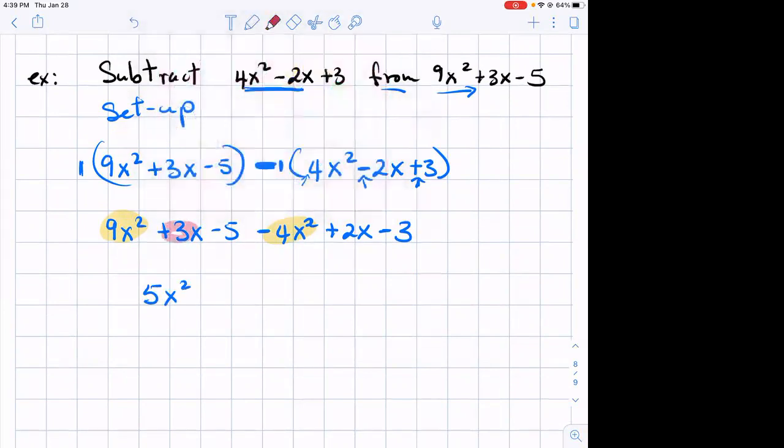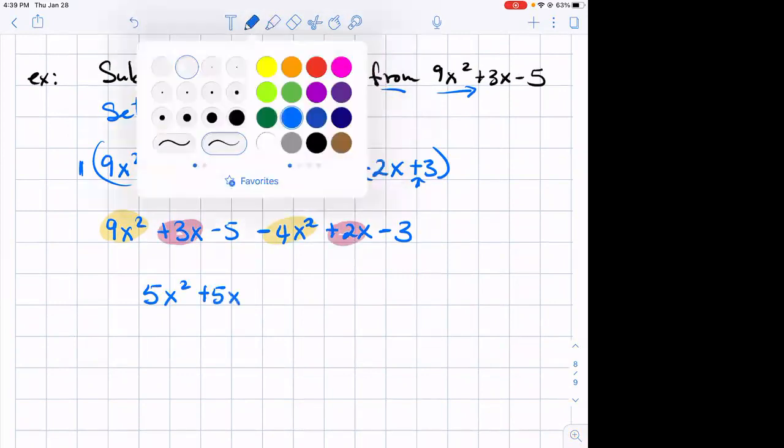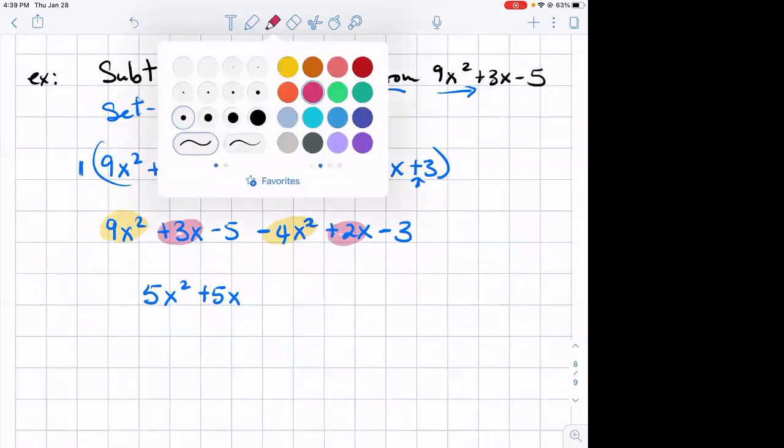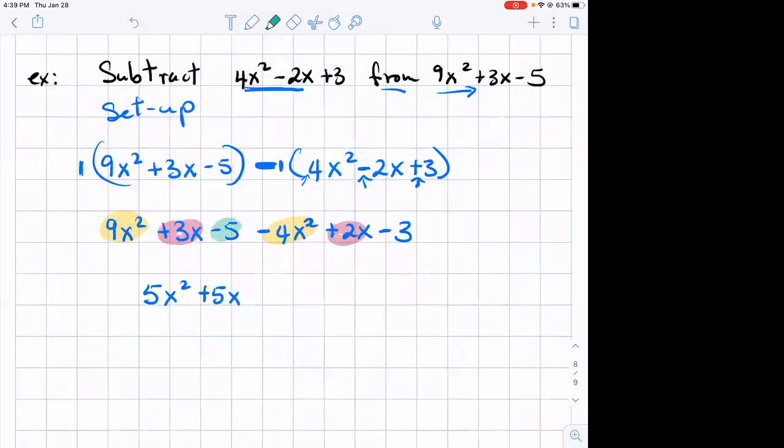A positive 3x combined with the x term: a positive 3 and a positive 2 becomes a positive 5x. We go down the line again. We have a minus 5 and a minus 3, and combining them becomes a minus 8. This is written in the correct order, so that's my polynomial. A 3-term polynomial is called a trinomial.